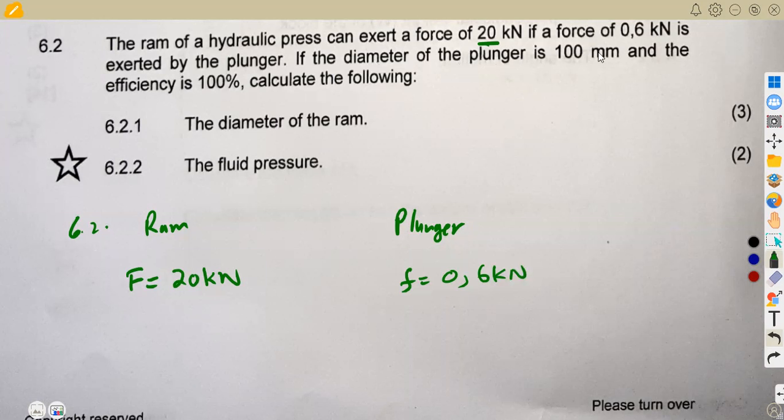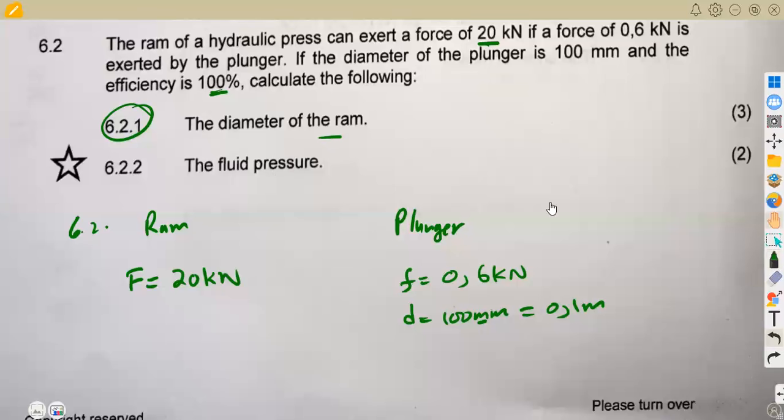The diameter of the plunger is 100 millimeters, divided by 1,000, that's times 10 to the exponent of -3, which is 0.1 meters. And the efficiency is 100%, so this one does not affect us. Calculate the diameter of the ram.